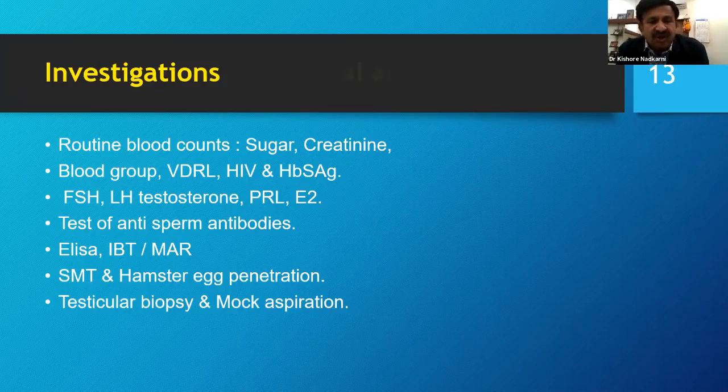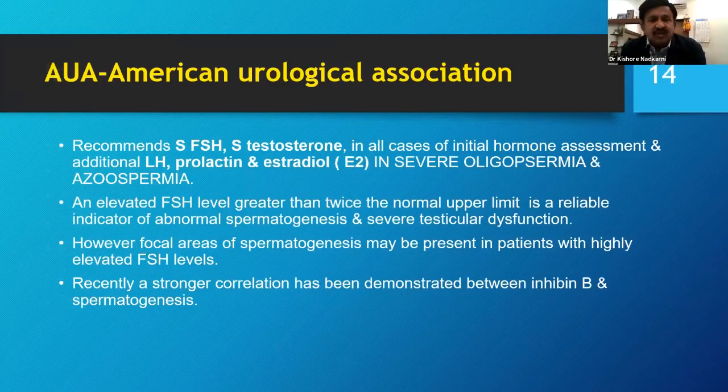Testicular biopsy is not done routinely, but in cases of azoospermia, we have now started doing needle biopsies of the testes, a live needle biopsy to retrieve the sperms, and then send the tissue for histopathological examination. The American Urological Association recommends serum FSH and testosterone in all cases of initial hormone assessment, with prolactin, estradiol, and LH in severe oligospermia and azoospermia.